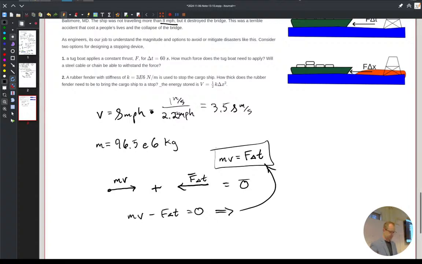Which is exactly what we started off with in the unit analysis: yes, mv equals F delta T, because we're trying to change momentum to 0. So the total initial momentum is equal to whatever opposing impulse we had.